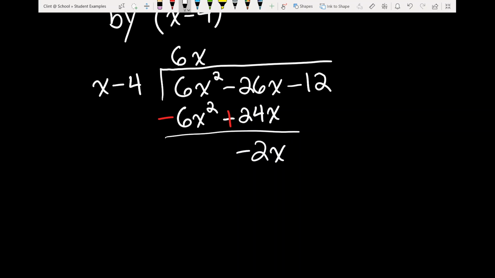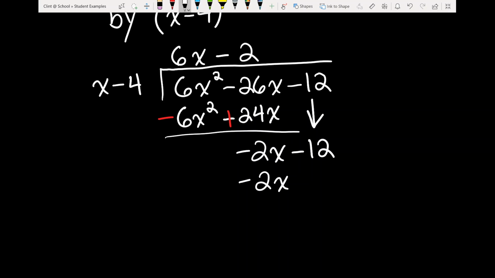Okay? So now we're looking to see what do we need to multiply x by to get negative 2x. That's minus 2. We multiply everything out front by this minus 2 that we've written here now. So negative 2 times x. Well, I forgot a step. We need to bring down our next number here. Sorry, I skipped that. So negative 2 times x is negative 2x.